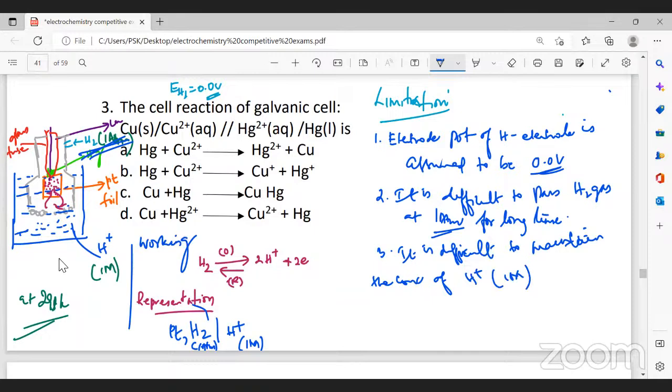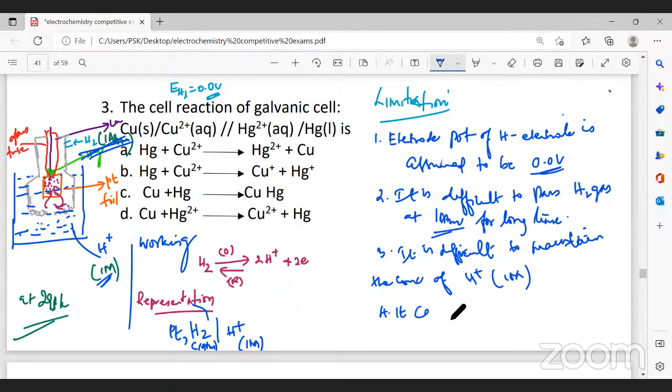Why? Because hydrogen gas can dissolve in the acid. When it dissolves, the concentration of H plus will vary, so the concentration of the acid itself varies. It is difficult.